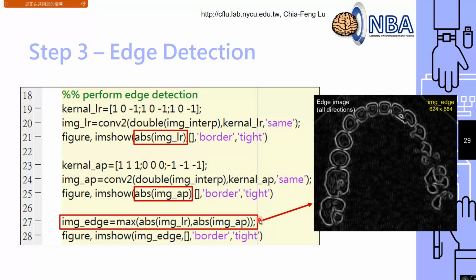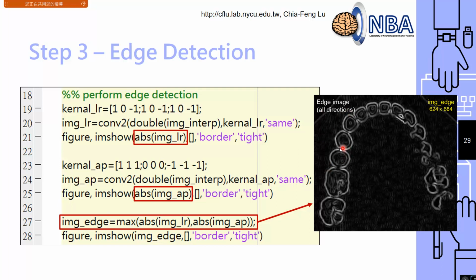If you don't use the ABS, I think it would be a little bit weird because your imaging may have negative values, okay? So basically, ABS is pretty important right here. But finally, I have to say we want to get a combined image. I don't want to simply care about left and right and anterior and posterior.